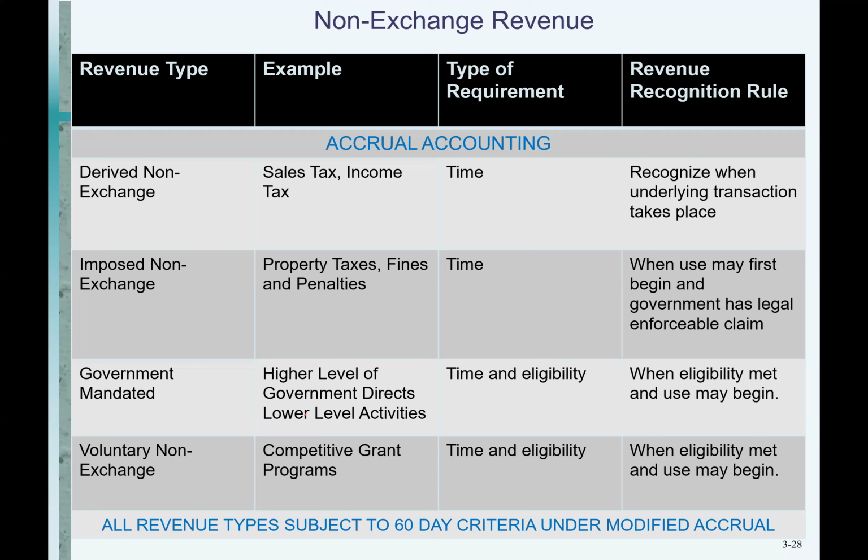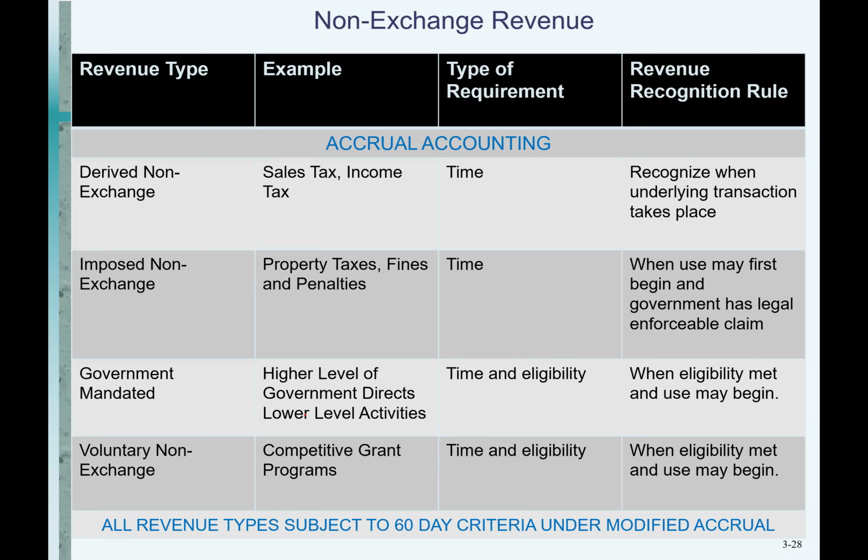These are examples of the type, derived, imposed, etc. What is the requirement? And as I've already stated, time is relevant to all the categories. Eligibility is only relevant to government mandated and voluntary non-exchange.